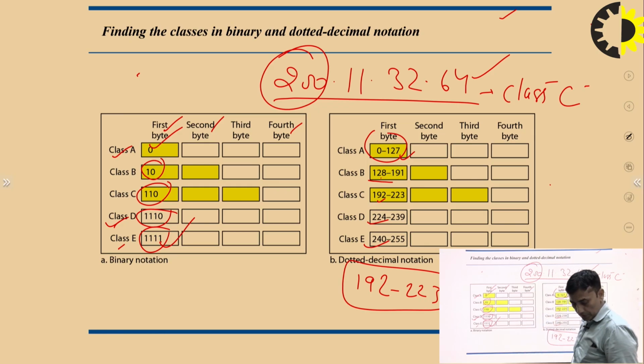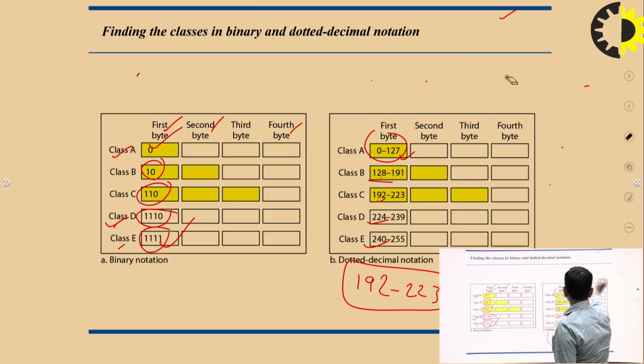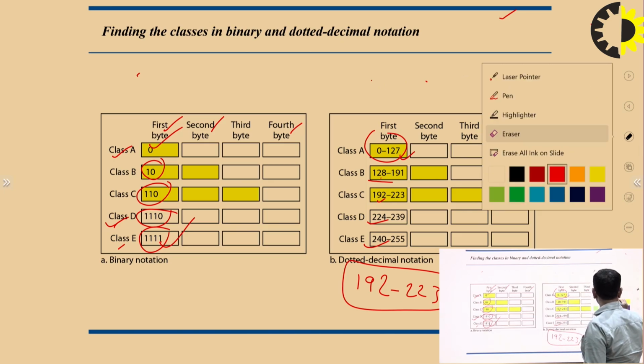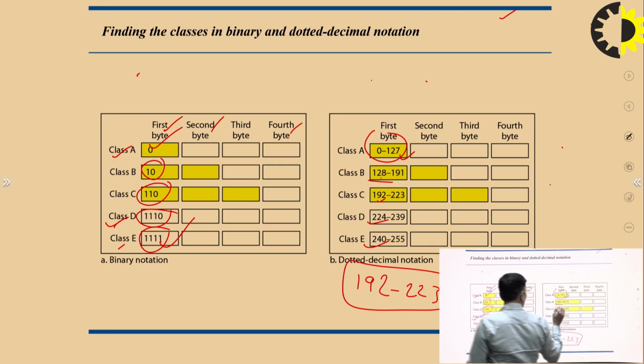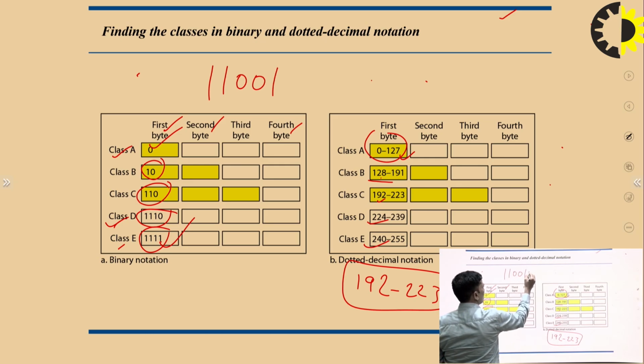Let us see an example. Let us see an IP address in binary form. Suppose a particular address is given like this: 11001000, the first byte, with 8 bits: 1 2 3 4 5 6 7 8.